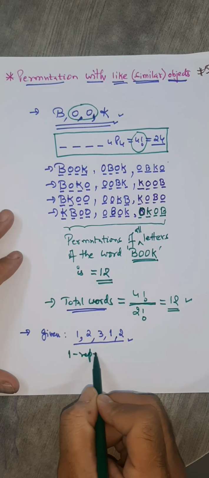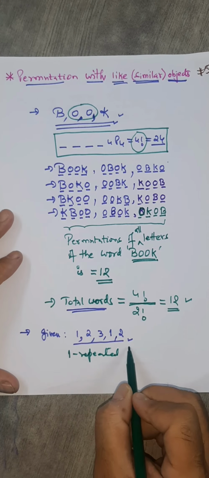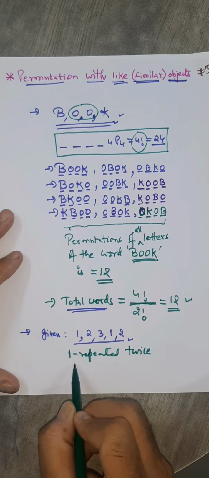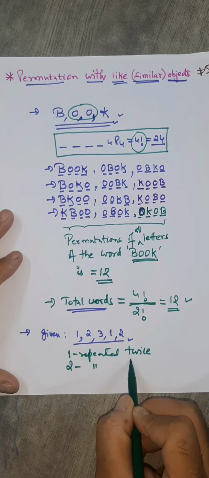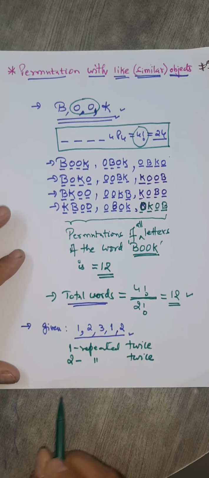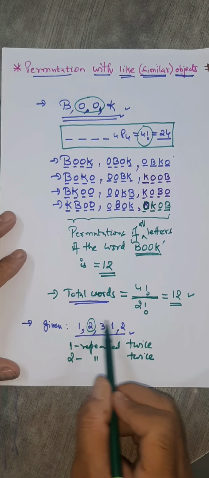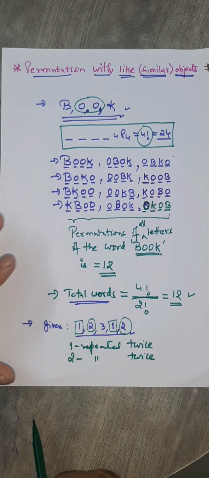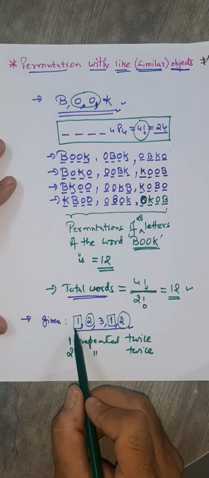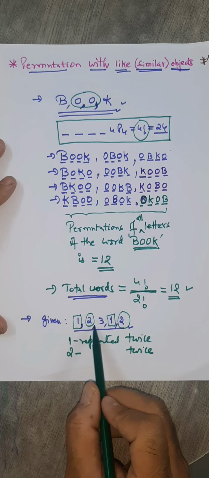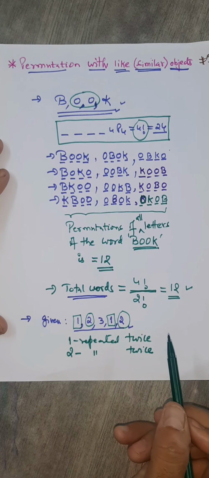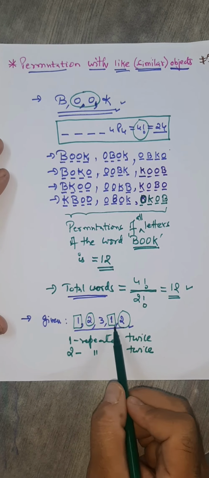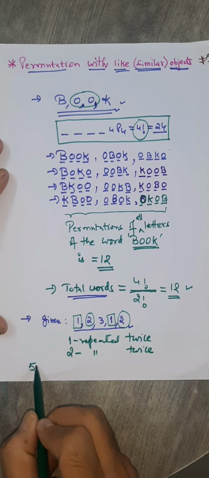Here 1 is repeated twice, and 2 is also repeated twice. Remember, 2 occurs twice, 1 occurs twice, right? So here, how many? 5 digits. Numbers can be formed. Now we want to find 5 digit numbers.